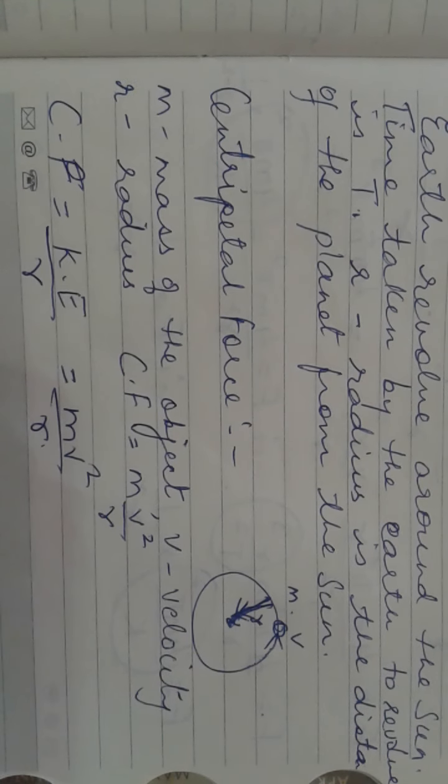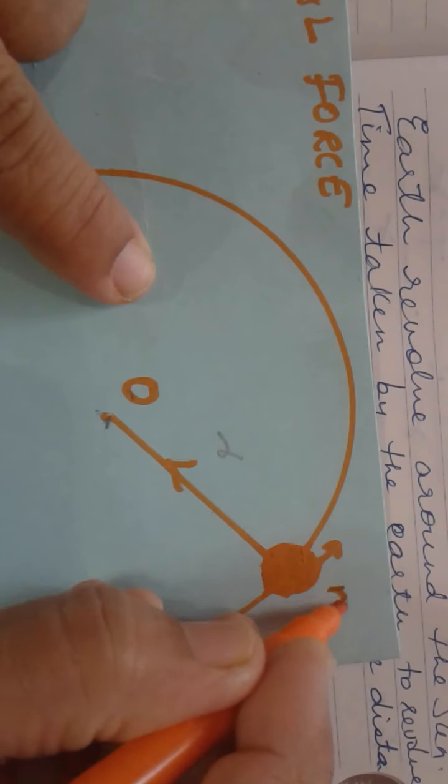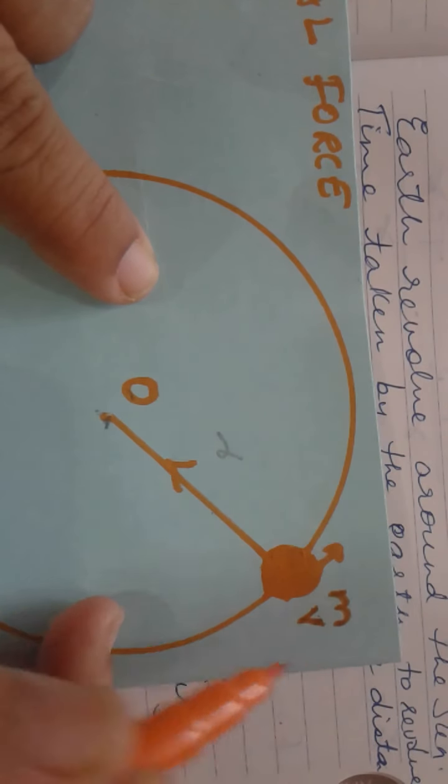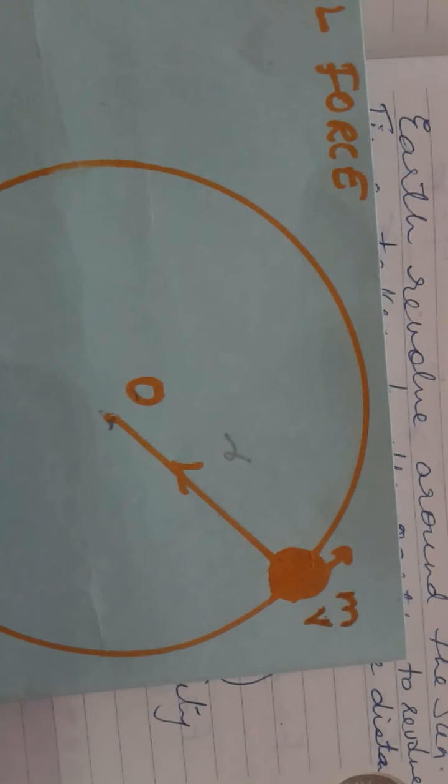Now today we are going to study centripetal force. To find the centripetal force of an object, let small m be the mass of this object, moving with a velocity v. Now centripetal force: suppose you are sitting on a bench or sleeping on a bed. Is centripetal force working on you?